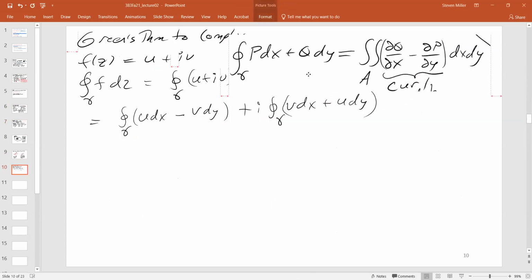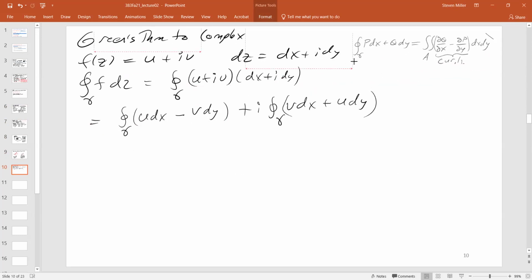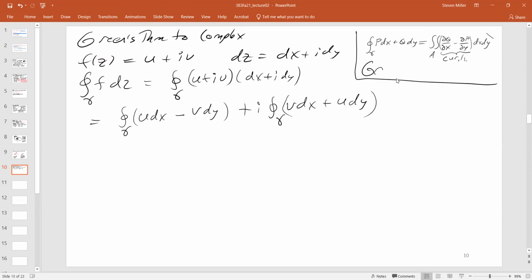So here is Green's theorem. Should probably be written in green, but it's fine. So if we want to use that, what should we take for P and Q? For this one, take Q equals what? Good.